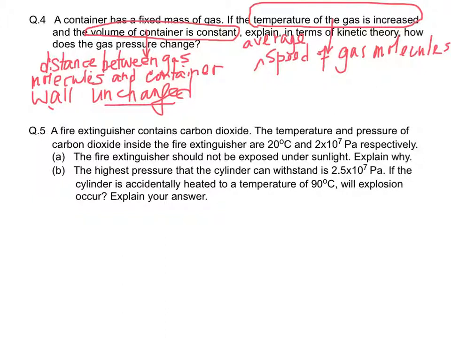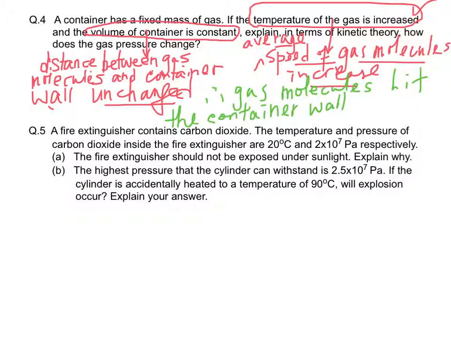When the temperature of the gas is increased, the average speed of the gas molecules will increase, or the gas molecules will hit the container wall more violently and more frequently. Therefore, the gas pressure will increase.